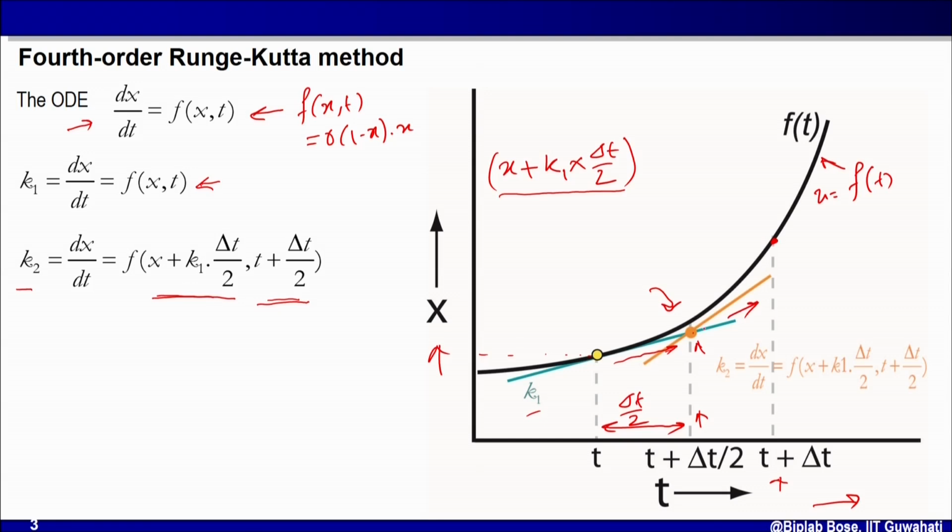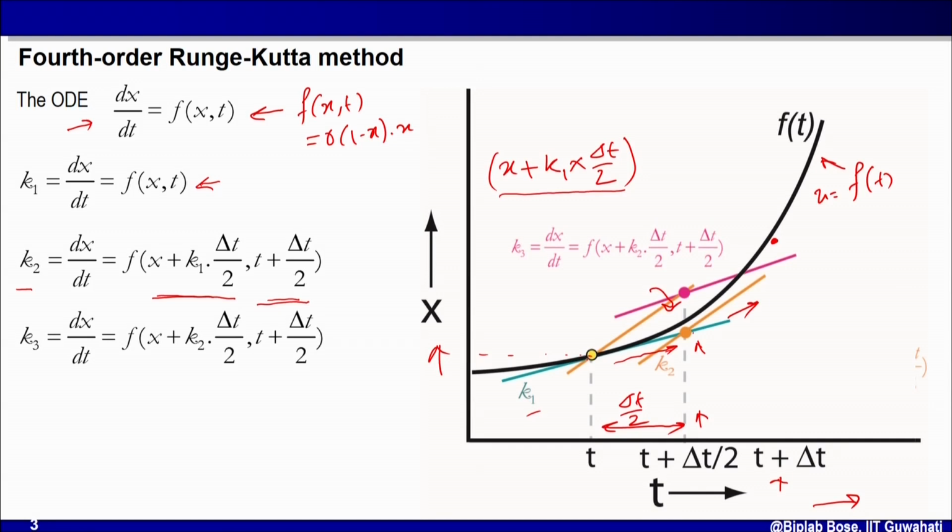So I get the slope here at this orange point. Once I have the slope here, I draw a line at this original yellow point using that same slope. So I get an orange line here.